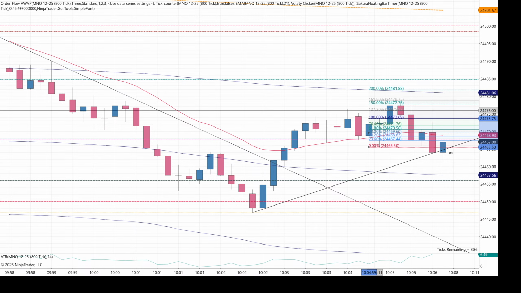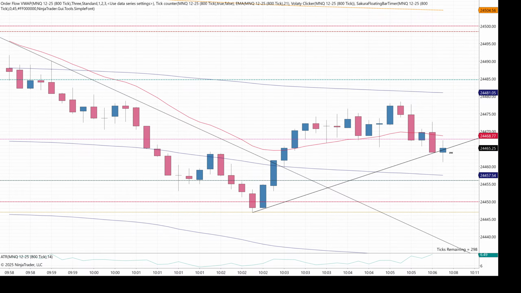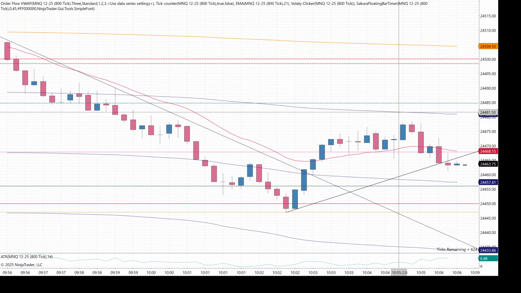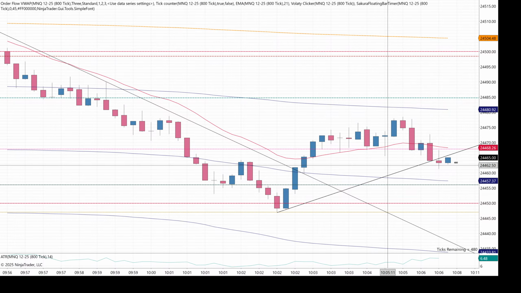Okay. 2 stop losses in a row. That stinks. I think the second one I shouldn't have taken because of the standard deviation level, but the first one was a good trade.